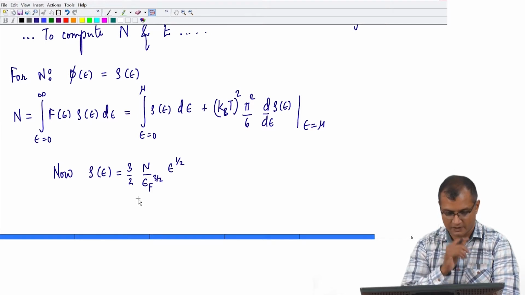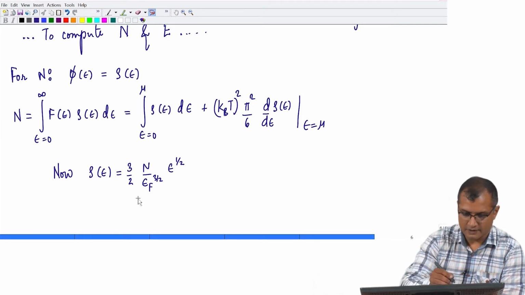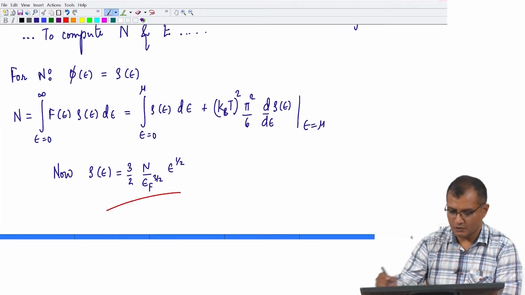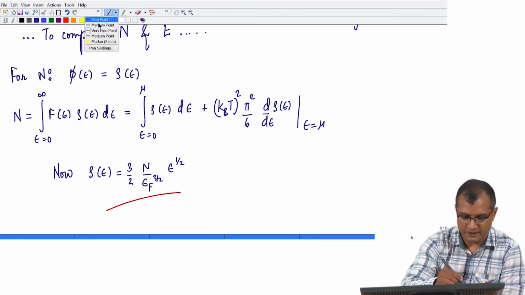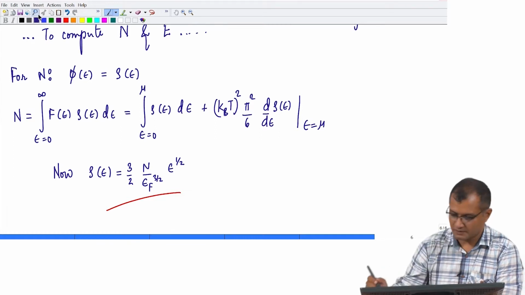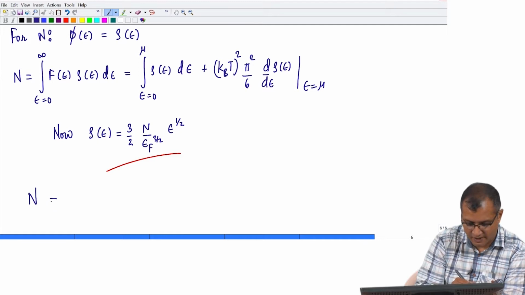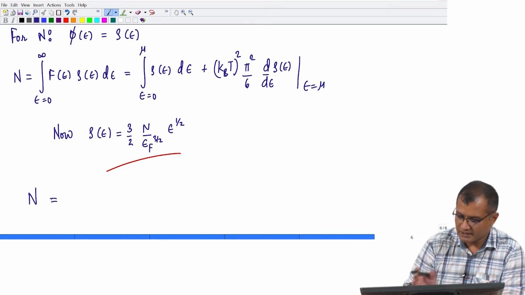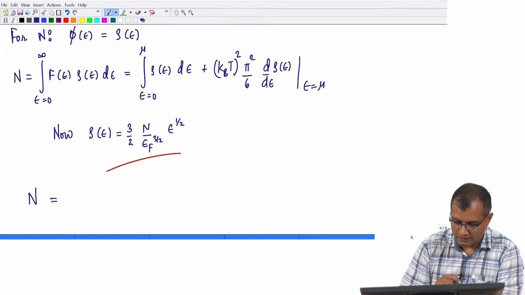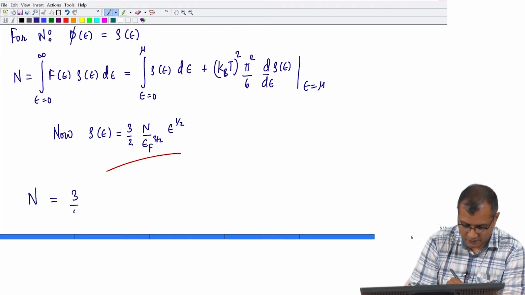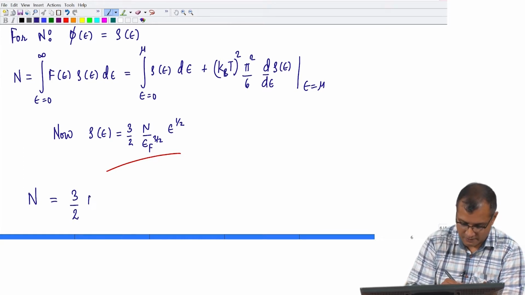So, since this is the density of states, what I am going to do is just plug this value in the previous equation. The left hand side is n, and on the right hand side I can take a couple of constant prefactors outside.